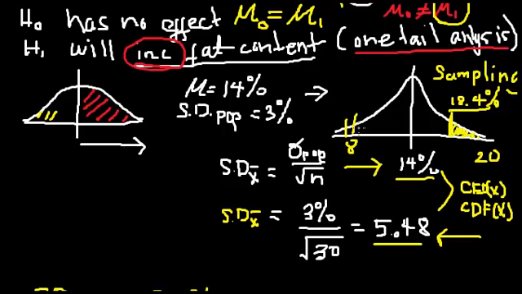It's actually getting from negative infinity to a value. So it said that the probability of getting this is 0.794. It means that the probability of getting a value more than 18.4 is 1 minus 0.794.